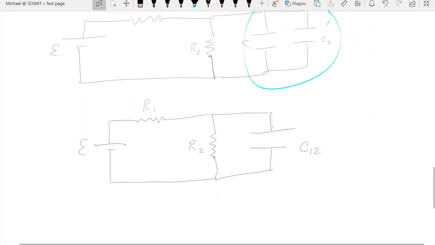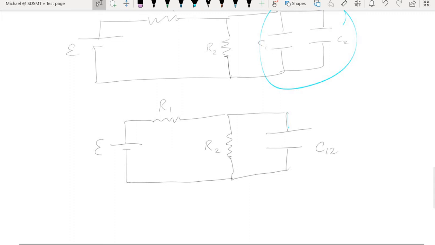So what would happen in a circuit like this? Well, our battery would start by providing some current. But when that current gets to this intersection, some of the charge will travel to the capacitor and start filling up the capacitor plate.